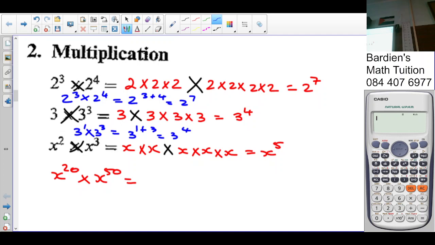The next one, if you got x squared times x cubed, this is the same as x to the 2 plus 3, which is x to the power 5. So the next one would be x to the exponent 20 plus 50, which is x to the exponent 70. You all understand? Right.